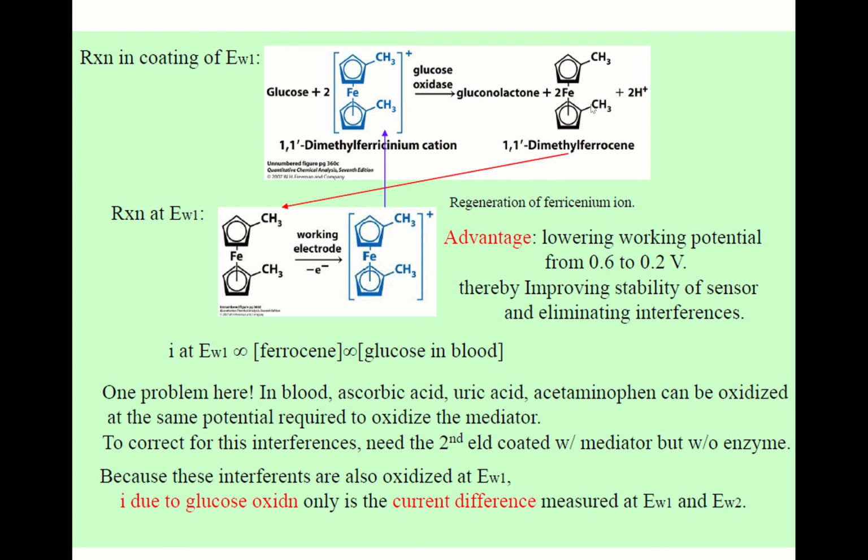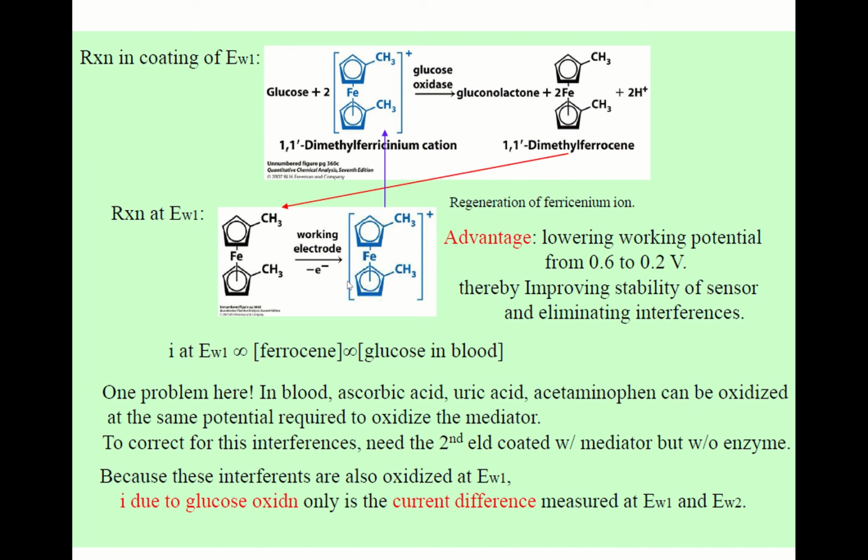Here, ferrous ferrocene and ferrocenium undergo very rapid and reversible electron transfer, and by applying a working electrode potential positive enough to oxidize this ferrocene to ferrocenium ion back.